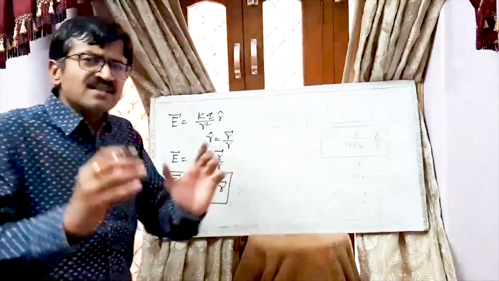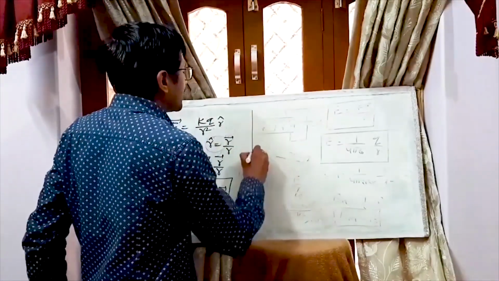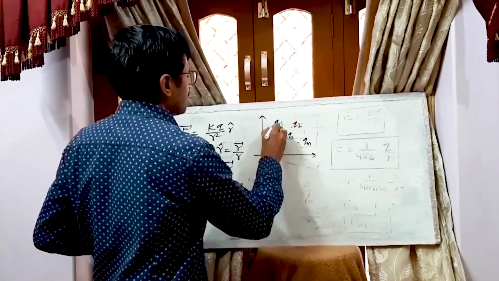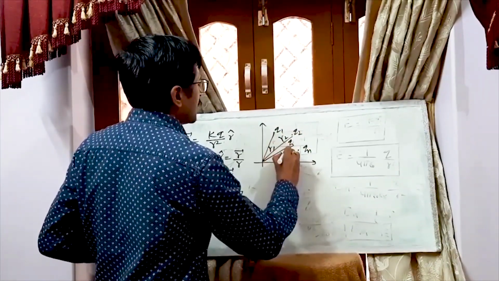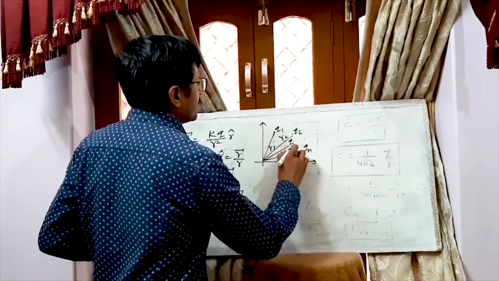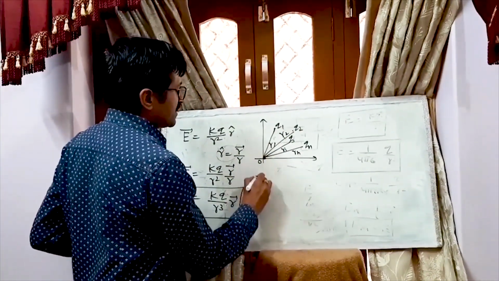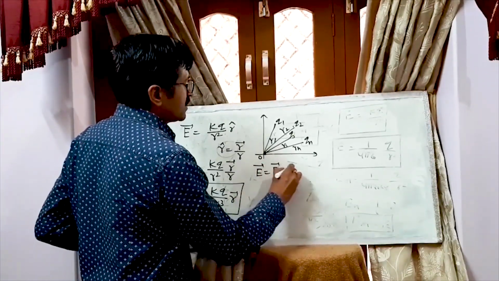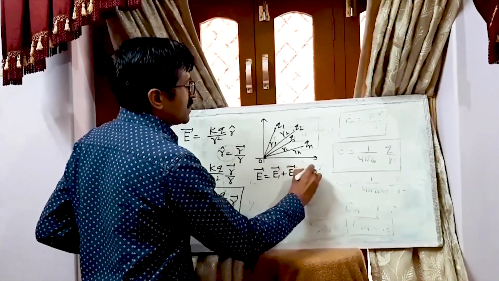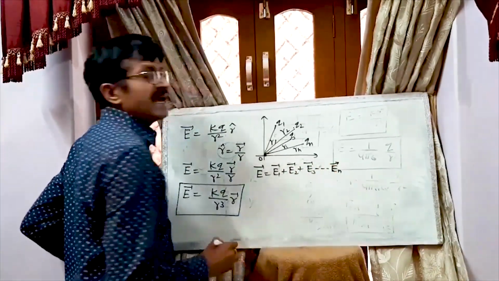If there are several charges present, then what about the net electric field intensity? These are several charges, with distances R1, R2, R3, Rn. Then what about the resultant electric field intensity? That will be E vector is equal to E1 vector plus E2 vector plus E3 vector and so on up to En vector.